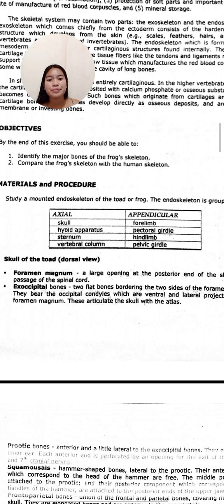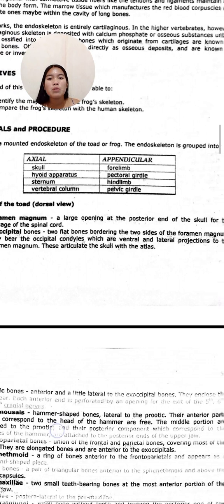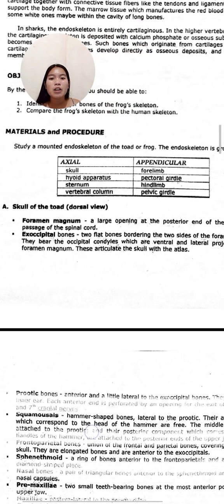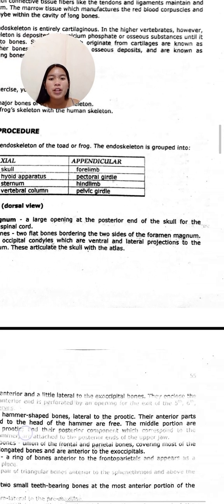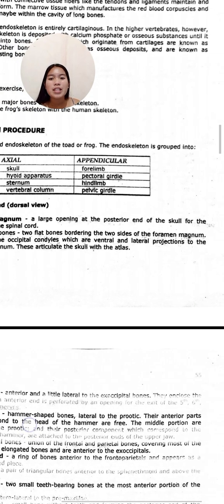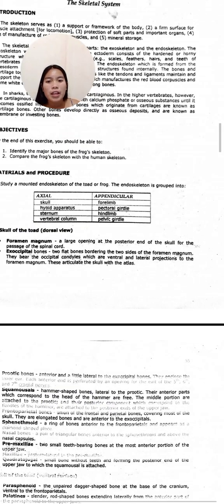Next is exoccipital bones. Two flat bones bordering the two sides of the foramen magnum. They bear the occipital condyles, which are ventral and lateral projections to the foramen magnum. These articulate the skull with the atlas. In other term, occipital bone is the most posterior cranial bone and the main bone of the occiput.